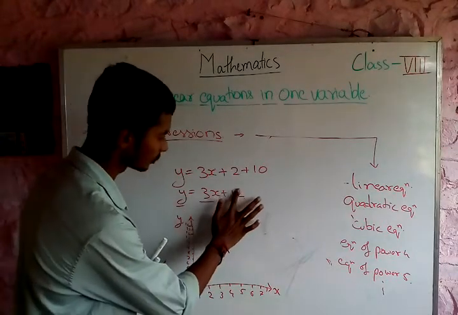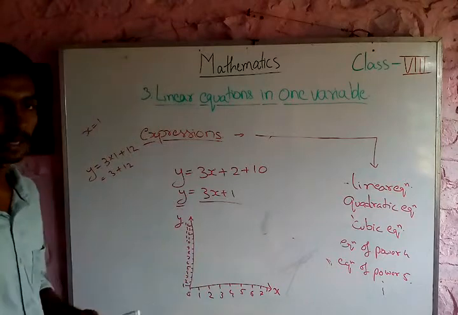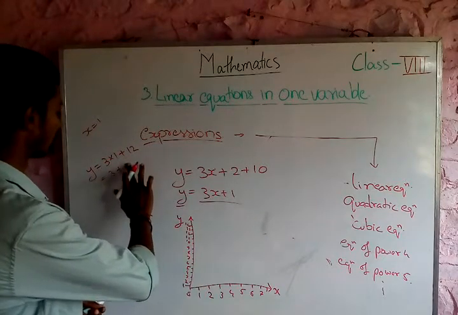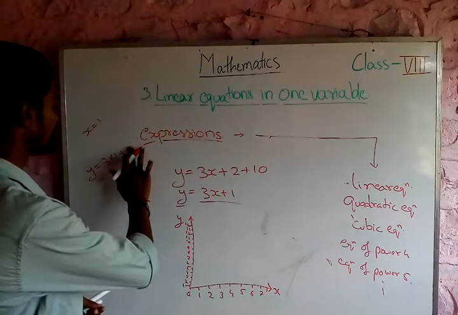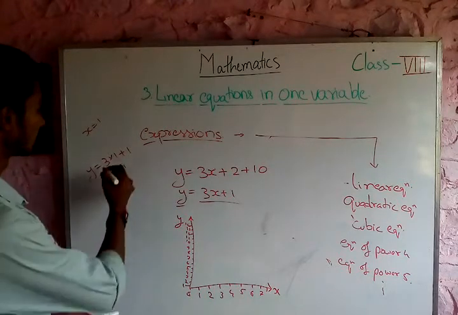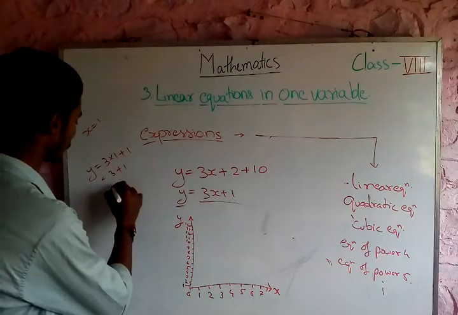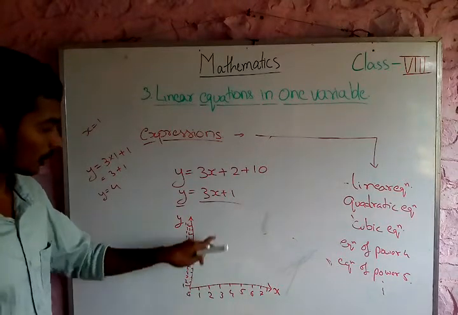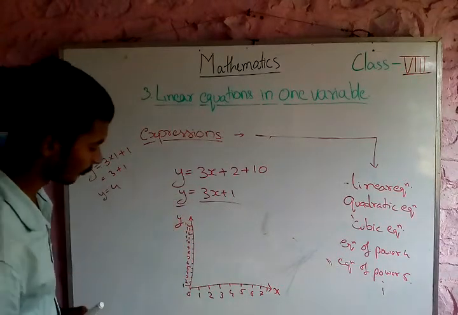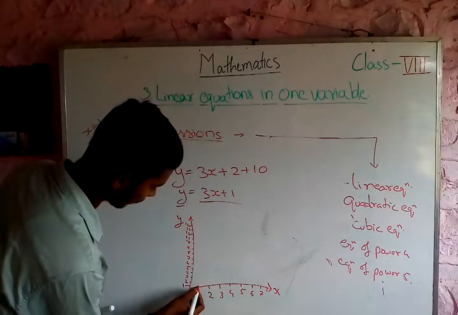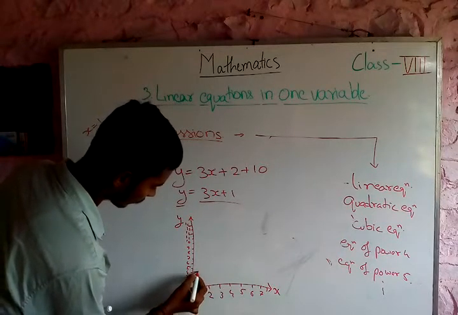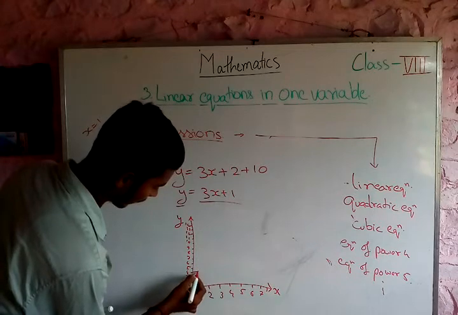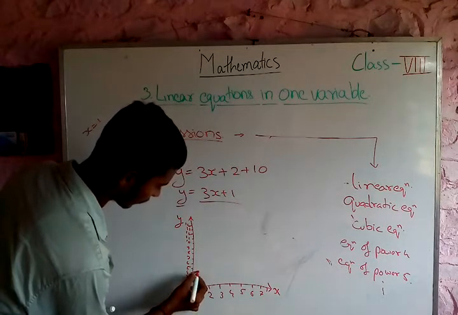So I will reduce this to 3x plus 1 for our convenience. Now it becomes 3x plus 1. 3 into 1 plus 1 is equal to 4. So when you give 1 for x, your y will become 4. So for 1 I have y as 4. I will mark a point here.